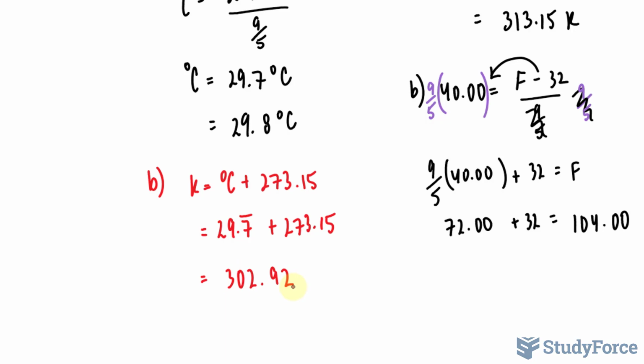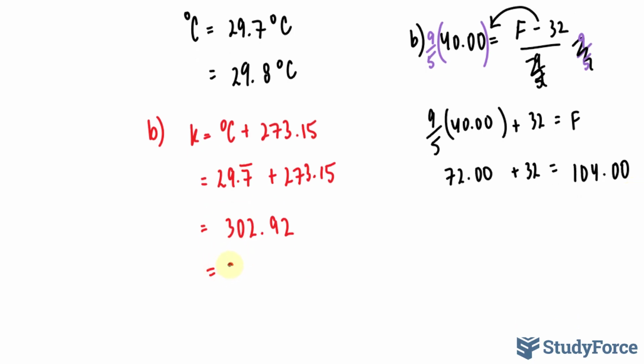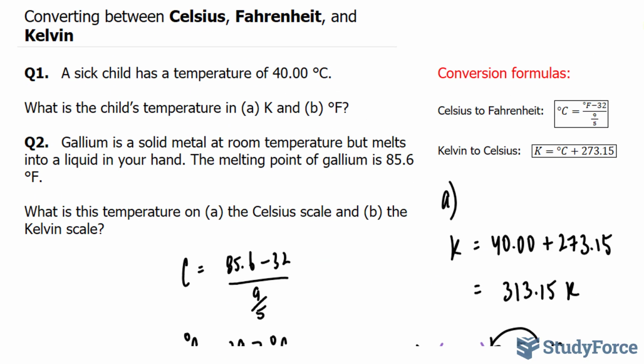Because our original number had 1 decimal place, we should also have 1 decimal place here. So our final answer should be 302.9 Kelvin. This 2 is less than 5, so this stays the way it is. And there you have it. That is how to convert between Celsius, Fahrenheit, and Kelvin.